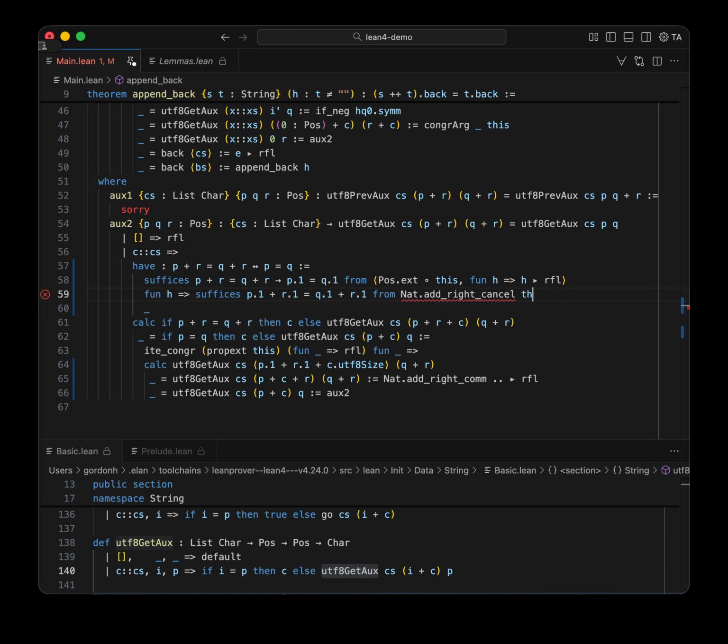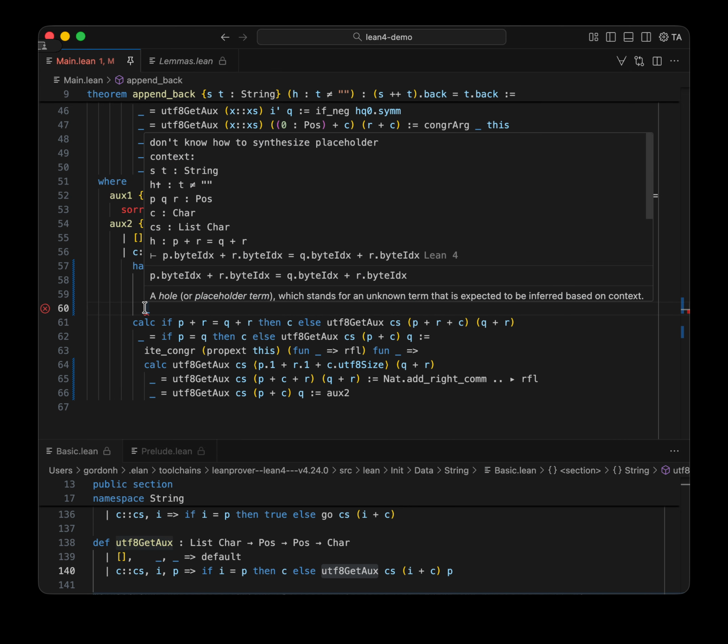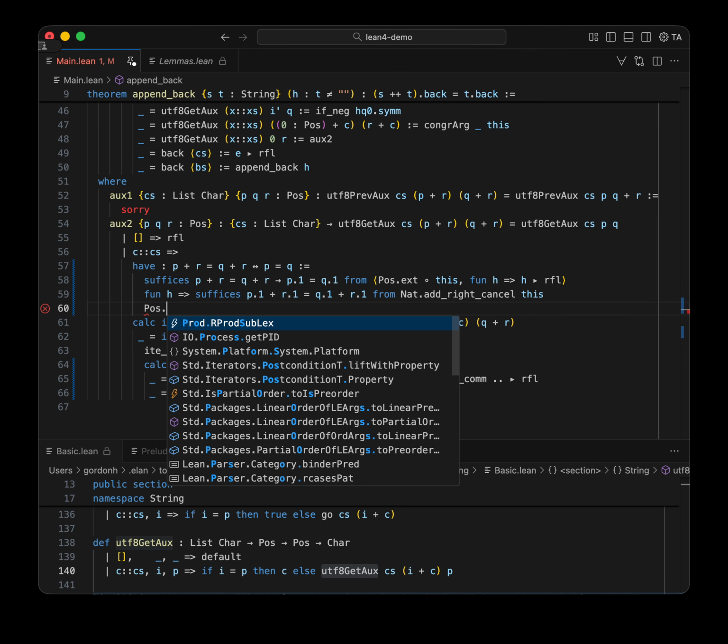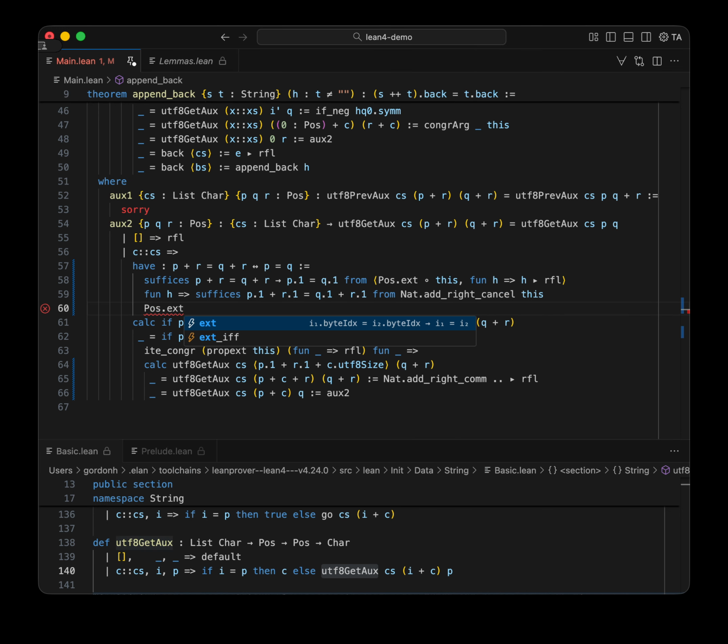Cancellation on the right with... given this, we want this, extensionality IFF in this direction.